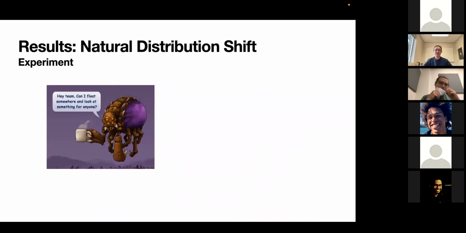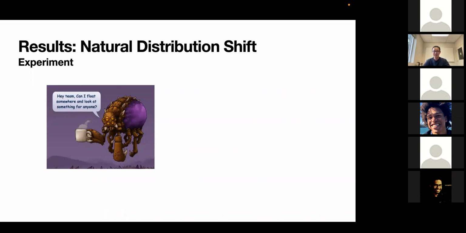The other experiment the author introduced is about natural distribution shift, and I found this one may be quite confusing when I was reading this paper, so I will explain it in a very easy way.